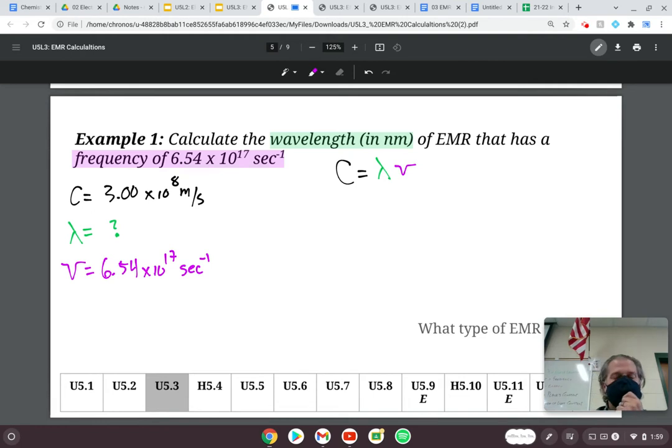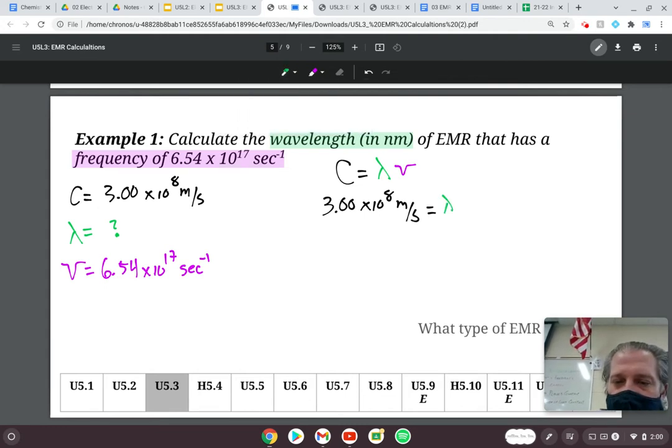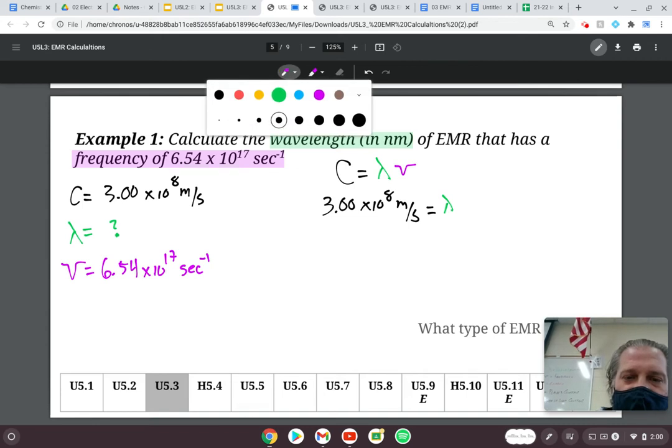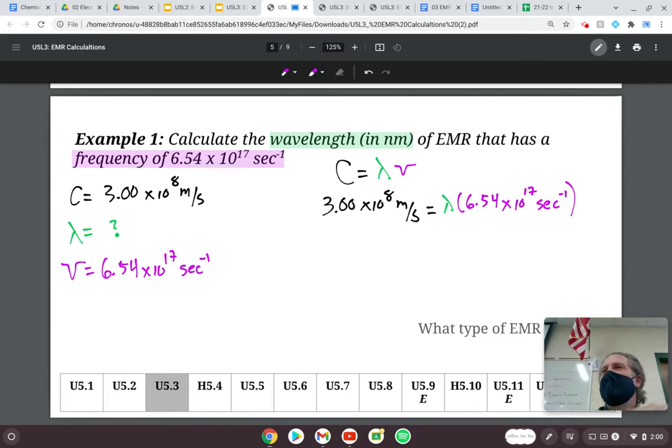Now the next thing I'm going to do is substitute the numbers that I have into my formula. So it's going to be 3.00 times 10 to the 8 meters per second equal to lambda, or wavelength, times 6.54 times 10 to the 17th per seconds.